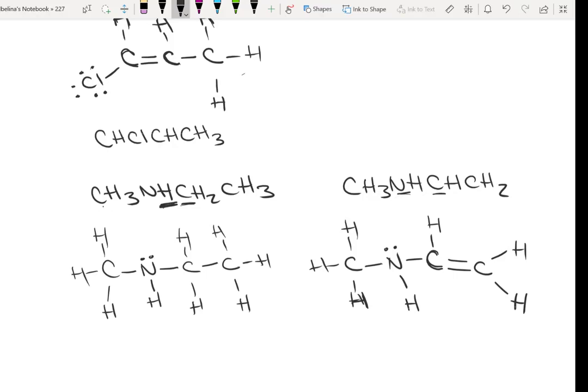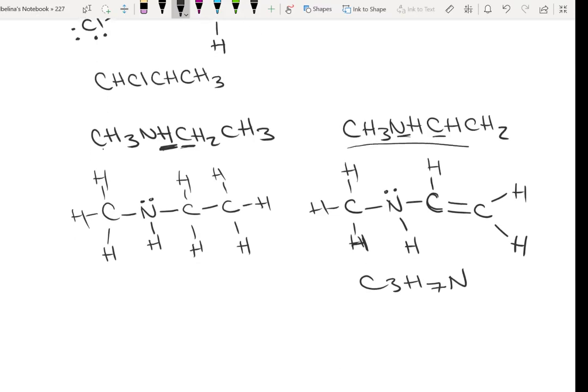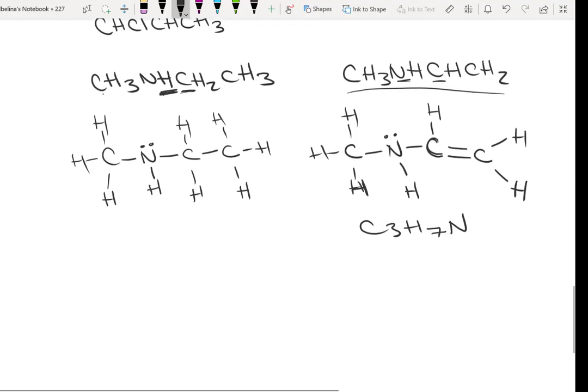Now you could have just been given the formula for this, C3H7N, and then you could draw a couple of different isomers. Okay, but I started with the condensed formula for an example.